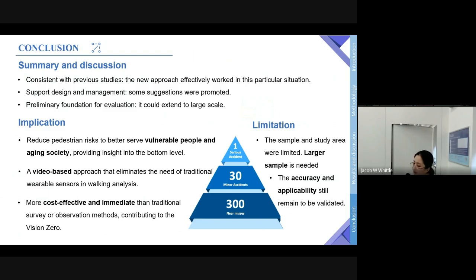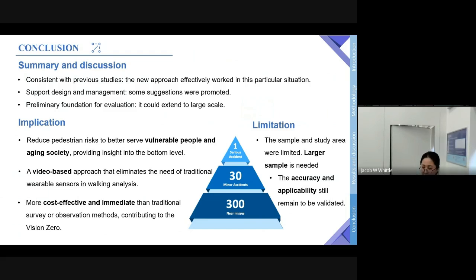In terms of implications, this method could reduce the pedestrian risk and better serve vulnerable people and the aging society. It provides insight into the bottom level of the safety pyramid.